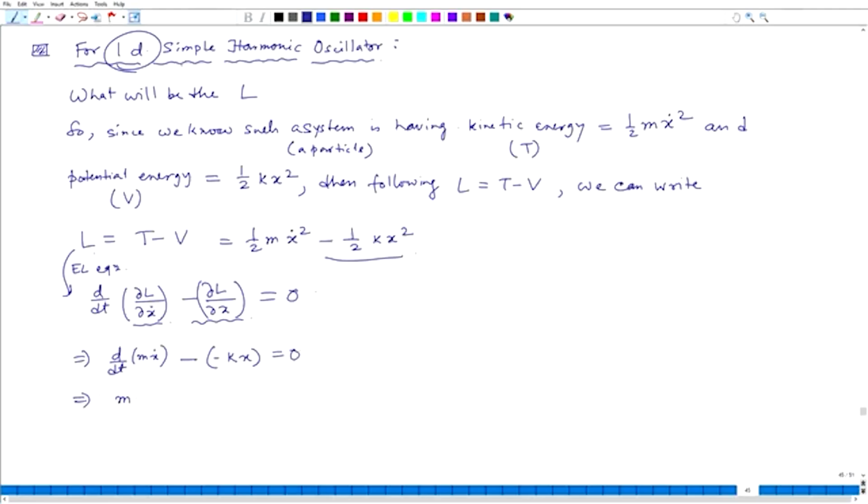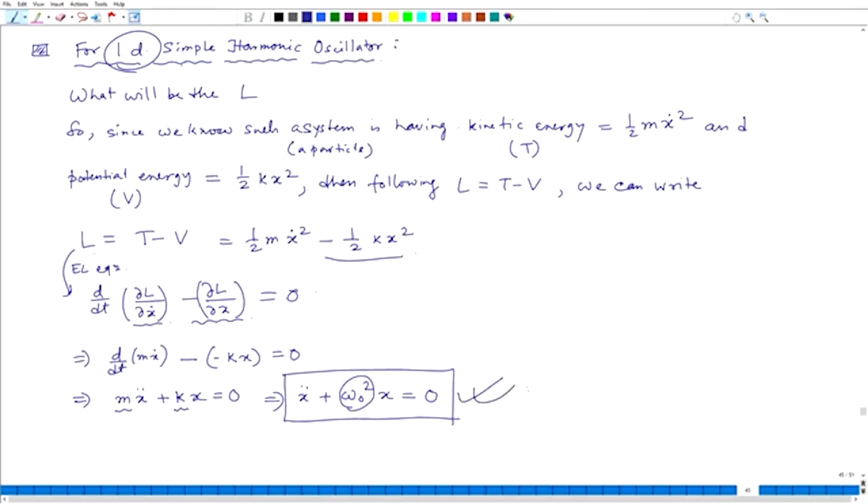So, you will have m x double dot plus k x is equal to 0, and k by m you can define as omega 0 square, which is a constant. If k is positive and m is positive, then it is also positive, and for that case I can write this equation, which I know is the equation of a simple harmonic oscillator.